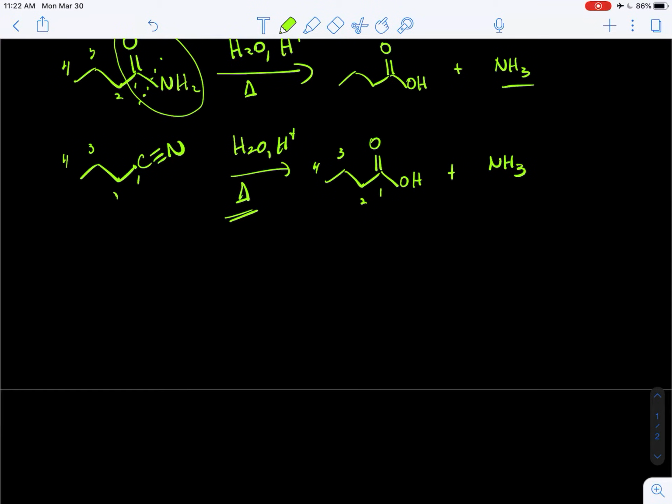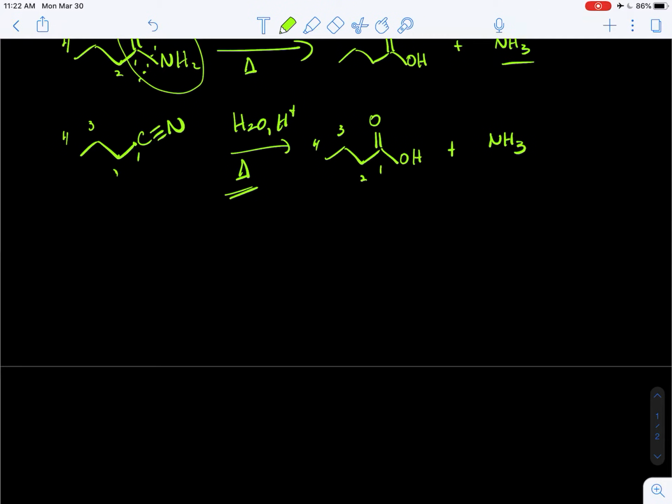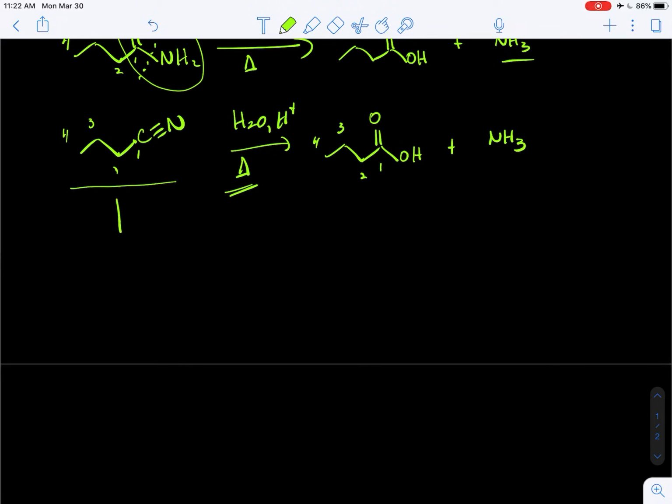And we've already talked about the synthesis of carboxylic acids with the use of nitriles. Remember, these come from primary or secondary alkyl halides and sodium cyanide, okay?